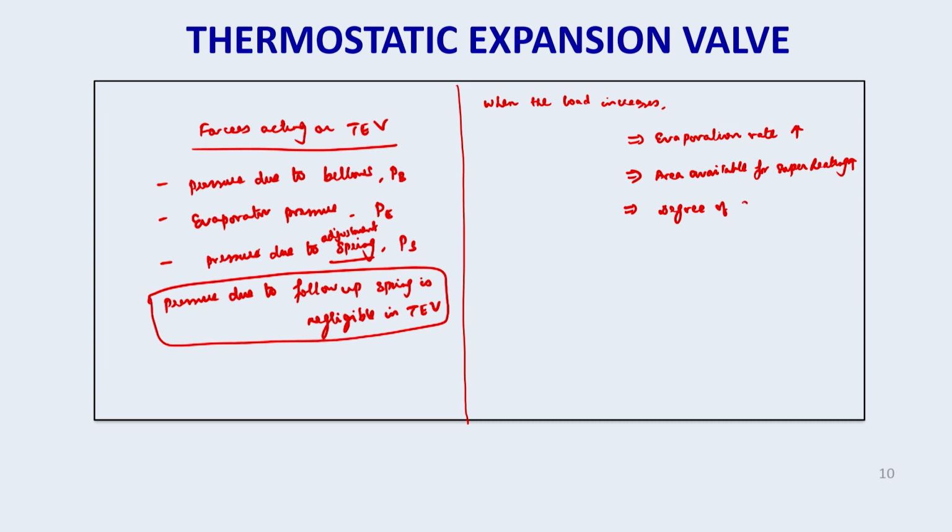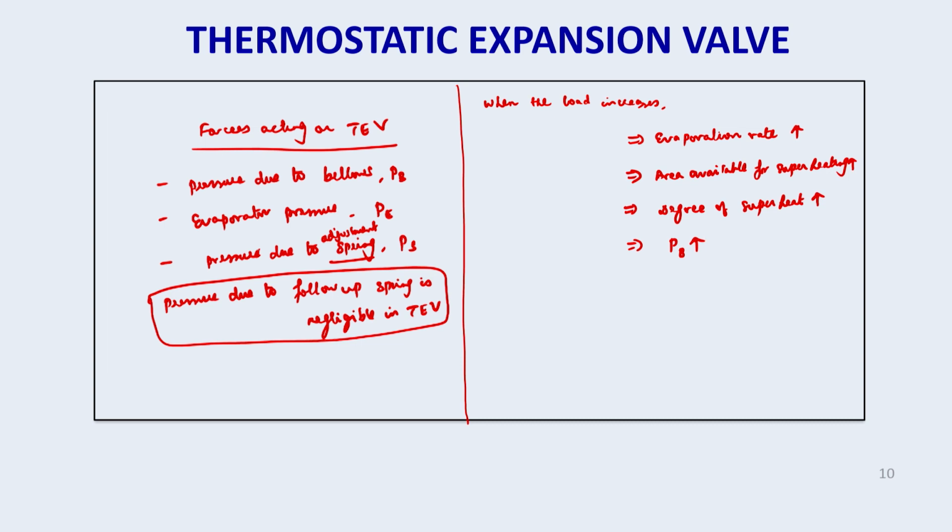When the degree of superheat increases, TB increases, which will increase the pressure acting due to the bellows.